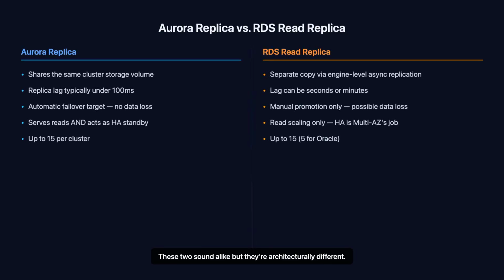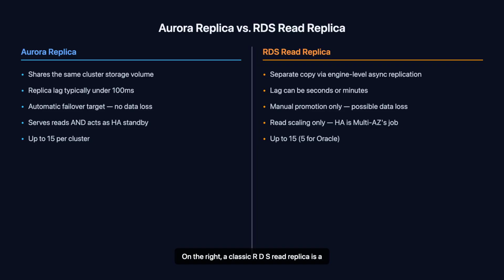These two sound alike, but they're architecturally different. On the left, an Aurora replica shares the cluster's storage volume, so its lag is typically under 100 milliseconds, and if the writer fails, it's promoted automatically with no data loss. It serves reads and acts as an HA failover target at the same time.